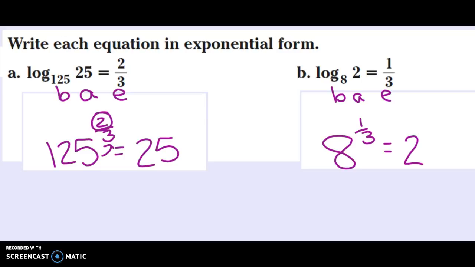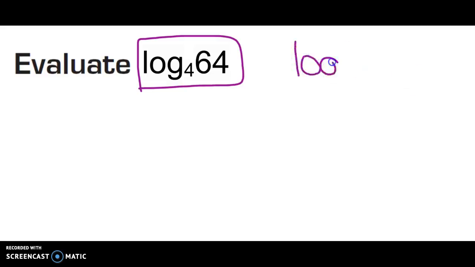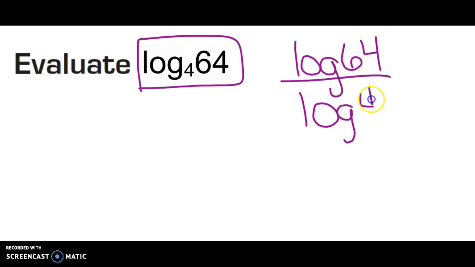All right, let me show you how we're going to put this in our calculator. There's a change of base rule that we use, and all we do is take the log of 64 over the log of 4.